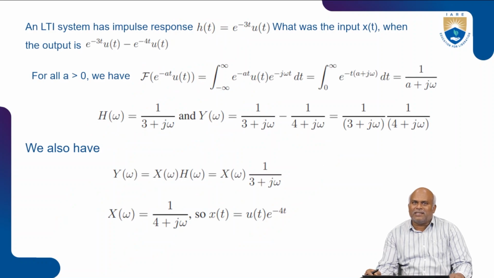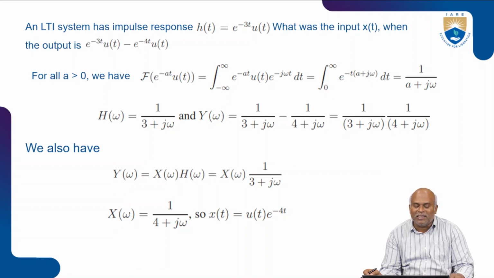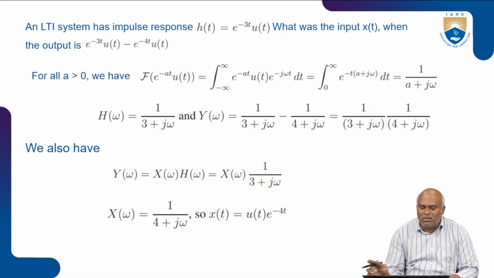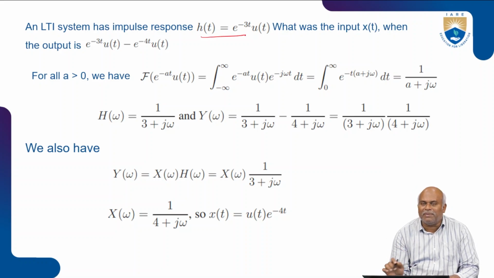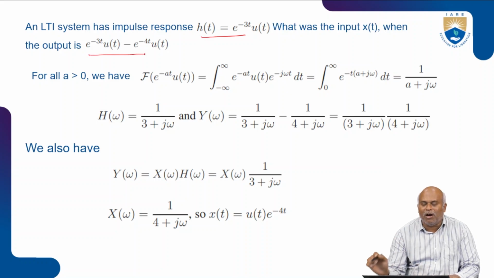Okay, next case. We take an LTI system whose impulse response is h of t equal to e power minus 3t u of t. What was the input x of t when the output is e power minus 3t u of t minus e power minus 4t u of t? So we have h of t, that is the system function, and we have the output also.